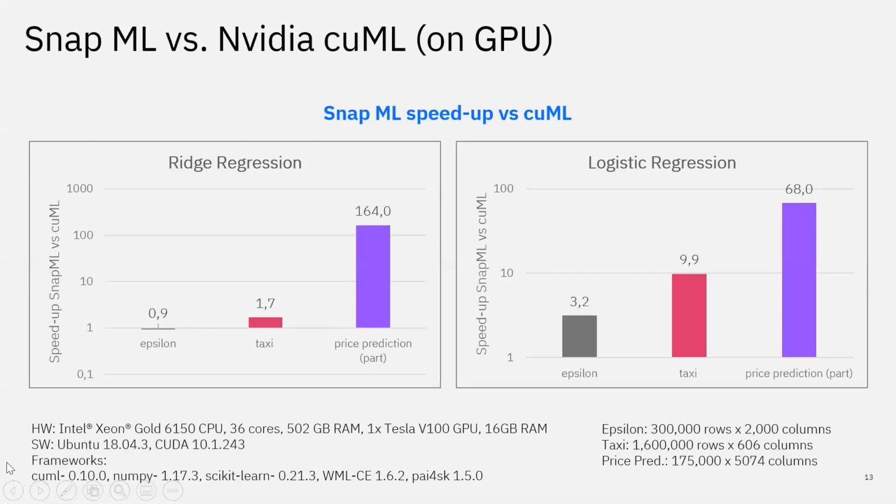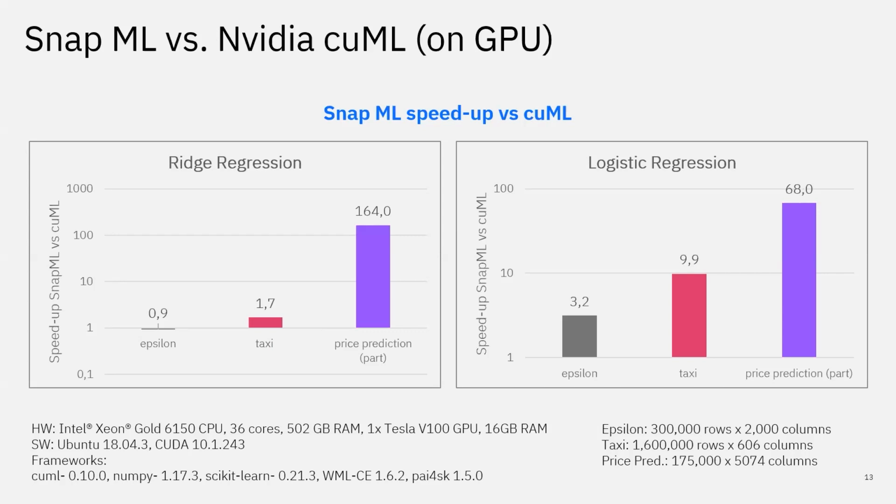Okay, so in this chart, we compare against a different framework. So we also switch gears a bit. In the previous 3 benchmarks, we were looking at the CPU performance, and now we're looking at the GPU performance. And we're comparing here to the cuML framework from NVIDIA, which is software for accelerated classical machine learning on GPUs.